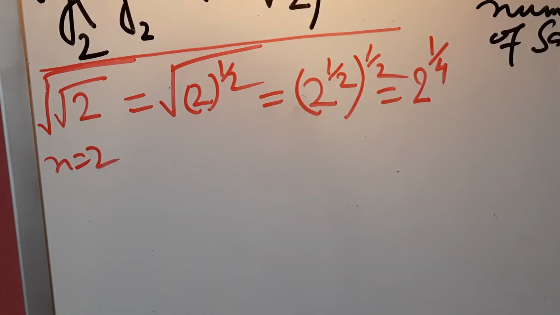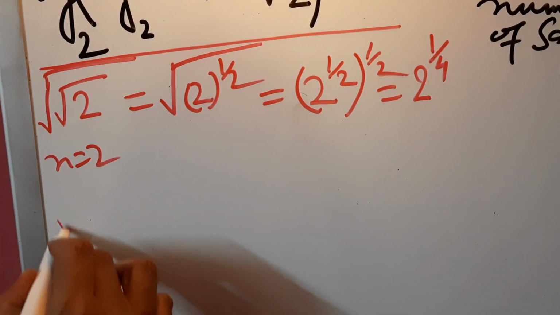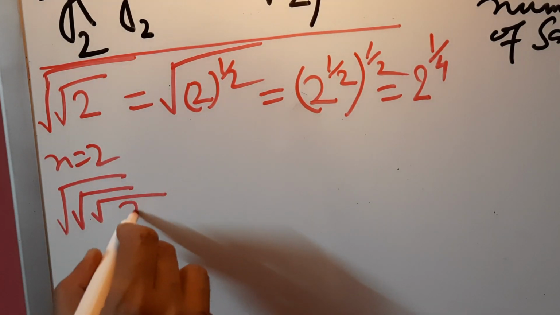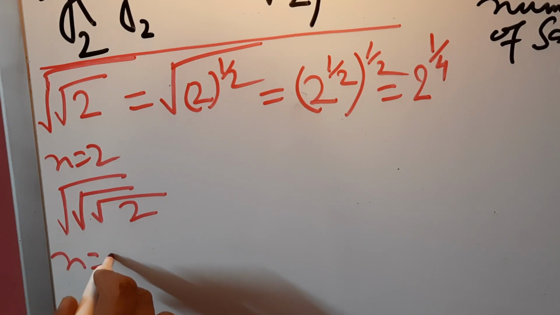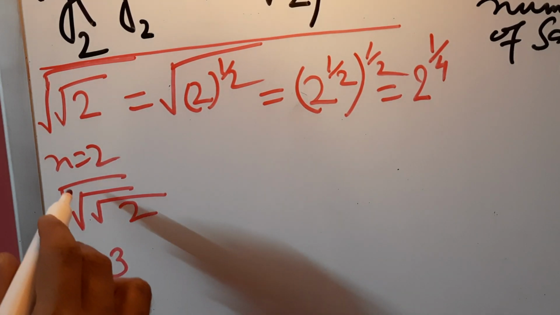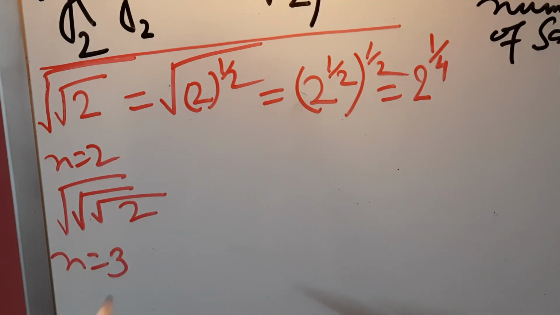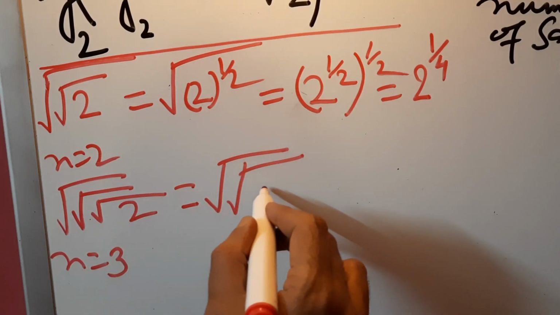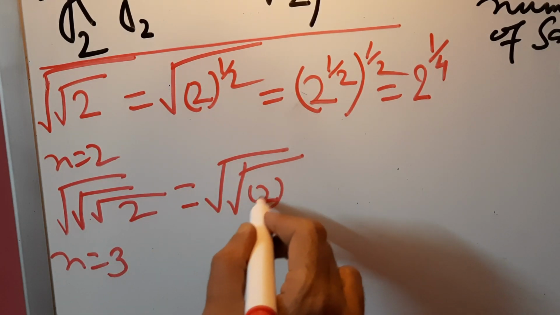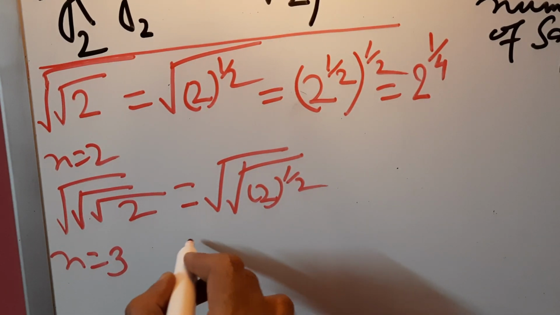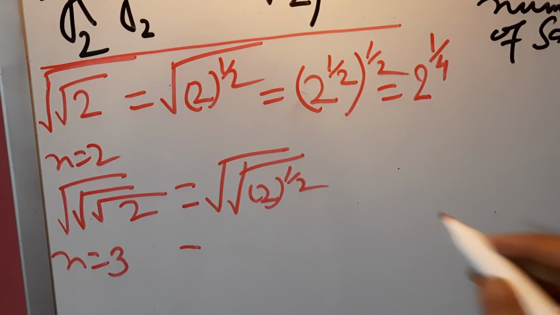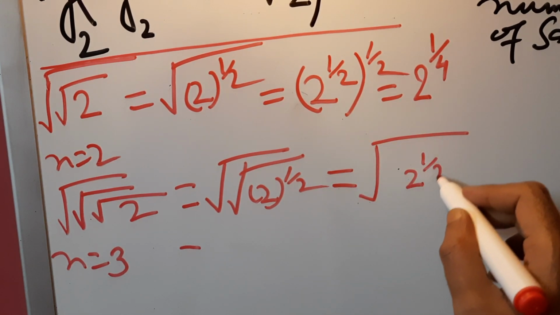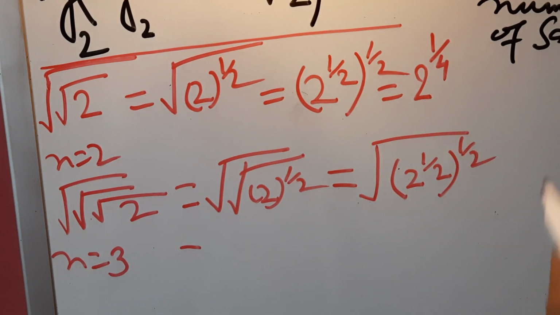Now let's go for n equal to 3. There are 3 square roots on 2, correct? If we simplify this, first square root, second square root, then third square root means 2 to the power half. Again, if we break the second square root, that means 2 to the power half whole to the power half.